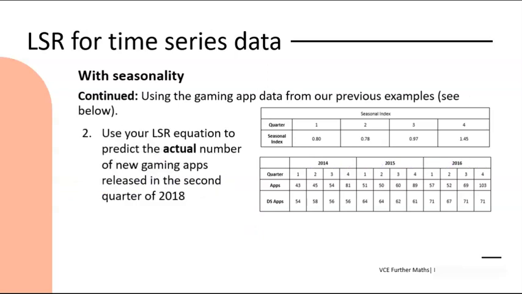And so now we want to use that regression equation to make a prediction. And this time I'm making a prediction for the second quarter of 2018. And so remembering that the final value I put in for the quarter was the 12th time code there, we need to count forward to the second quarter of 2018.